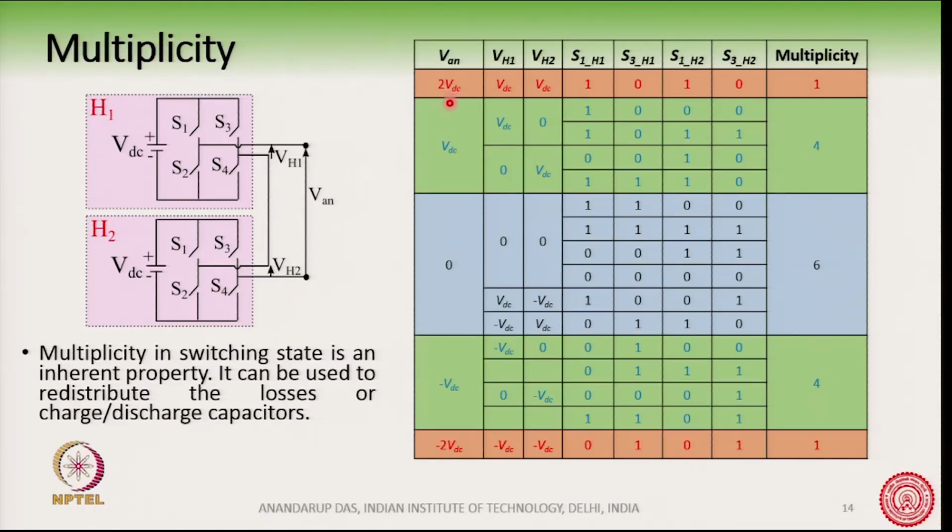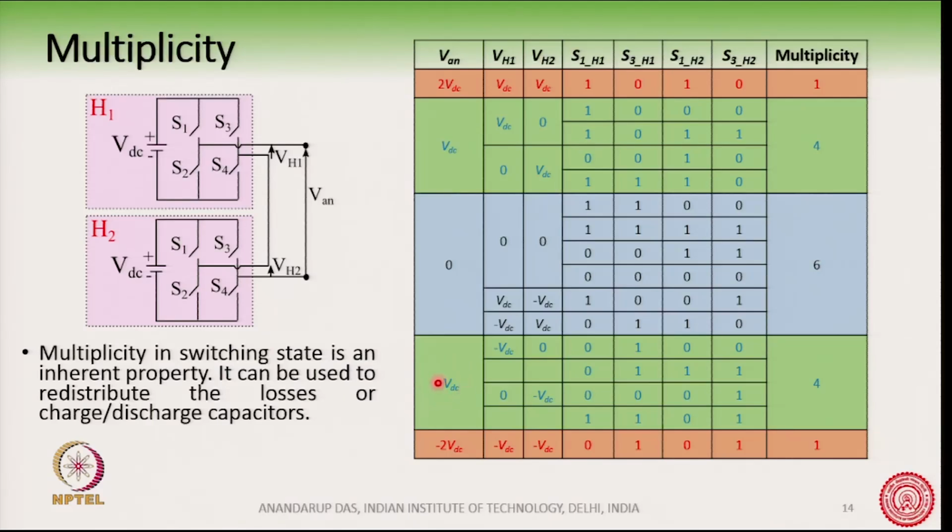When we have VAN equal to 2 VDC, we have only one possible switching state, therefore there is only one multiplicity. When we want to produce VAN as VDC, then we have 4 multiplicities possible, that is 4 switching combinations. When we have VAN equal to 0, there are 6 multiplicities.